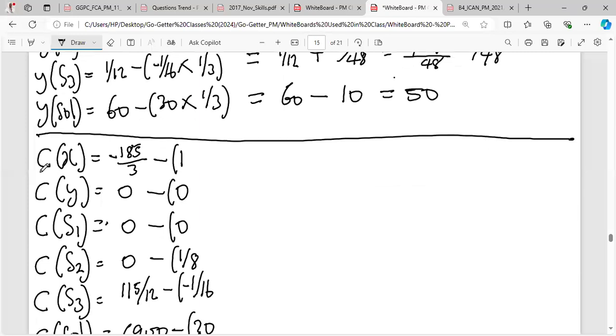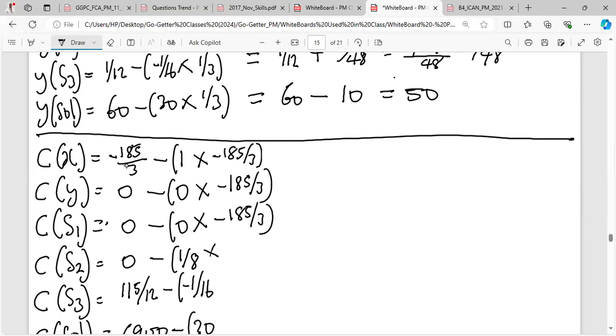Because, as I told you, since x is the king, whatever we have here is what we are going to be putting all through. We saw that trick there. So this is going to be minus 185 over 3 times minus 185 over 3. Careful of the signs.